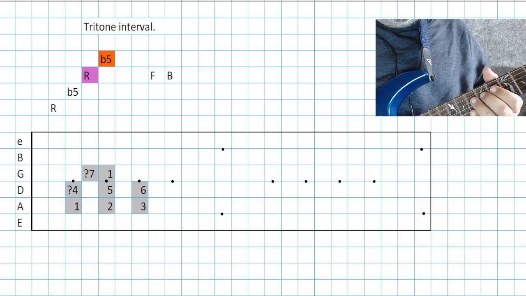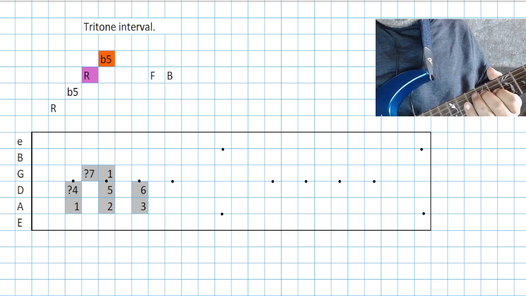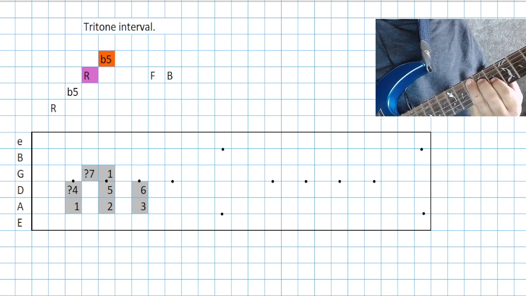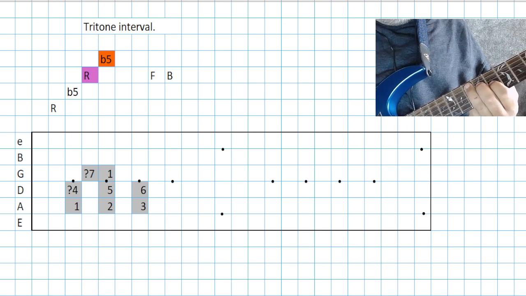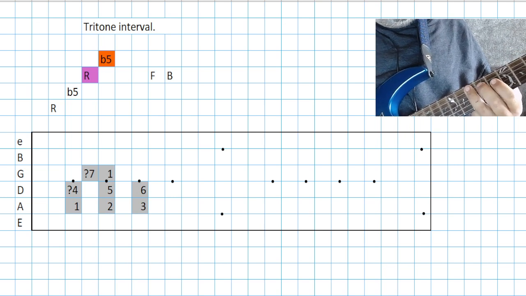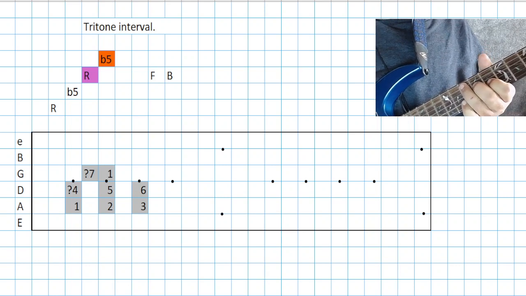Now, just as a little side note here, if we make this our root, what is that, a B note? If I play a major third, and then I move in the opposite direction of the major third, basically the opposite of this flat five, it becomes a different interval.